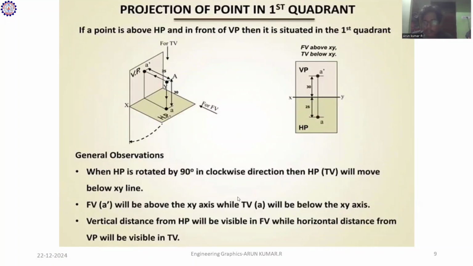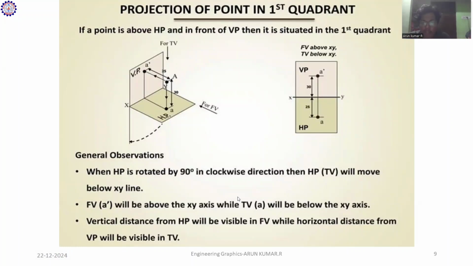When the point is above HP and in front of VP, it is situated in the first quadrant. Here I mention the dimensions on the diagram. For example, point A is above HP by 30 mm and in front of VP by 25 mm.